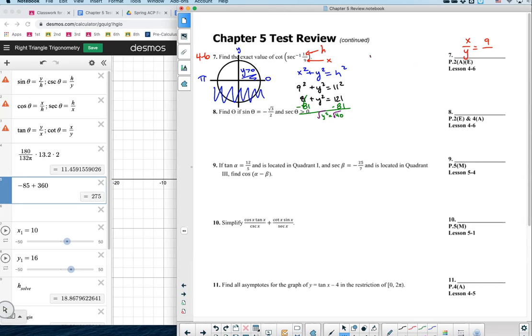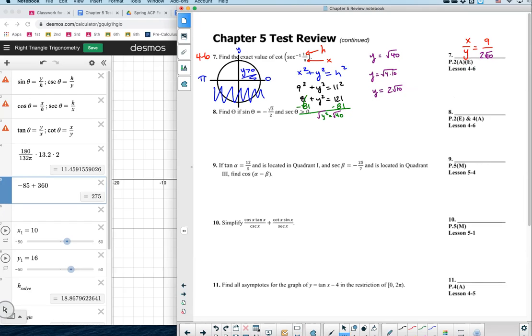So I just need to simplify the square root of 40, which I know that I could rewrite as the square root of 4 times 10. And we have a square root of 4. It's 2. So I'm going to say it's 2 square roots of 10. 10 could be broken down into factors of 2 times 5. But since it's not a pair, I can't pull it out. So that would be the solution there. For my y, it would be 2 square roots of 10.